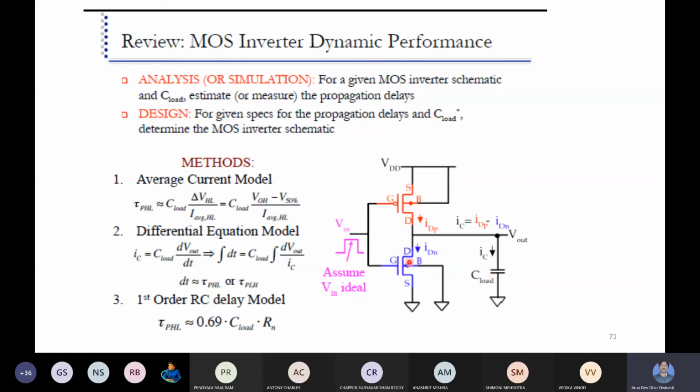When this NMOS is on, it acts as a closed switch with an on resistance, so it can be treated as a resistor. The on resistance of NMOS, RN, can be taken into account, so with C load into R we can calculate the delay. This is just an approximate value.